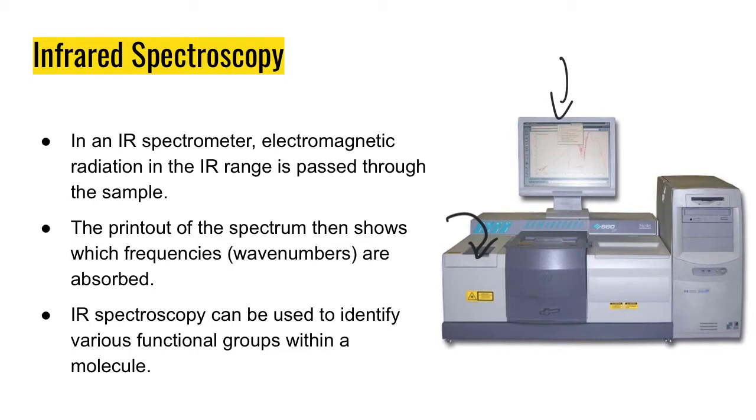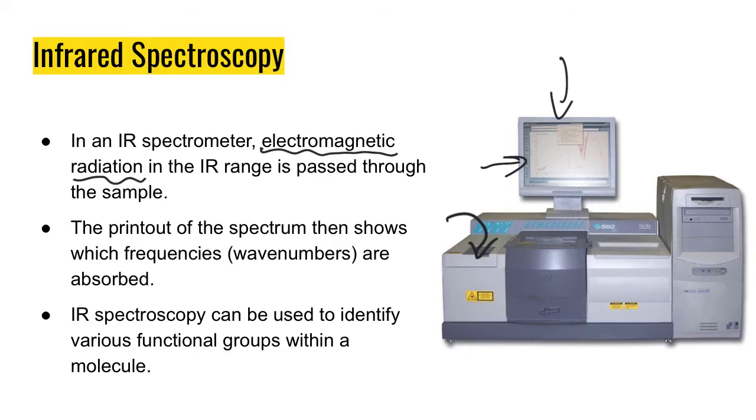Then with the computer, you set it up to pass the entire range of infrared radiation through your sample. As that goes through your sample, you collect the information, the absorption of the energy, and it gets put out as a printout. We're going to take a look at what some of these printouts look like.